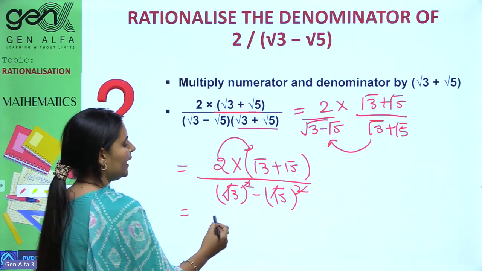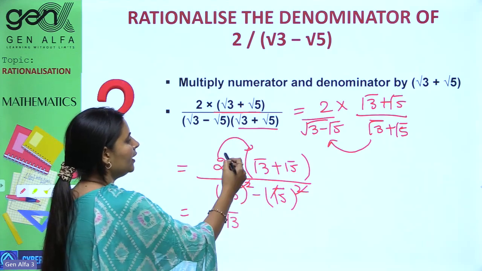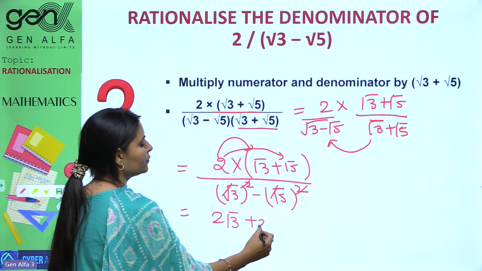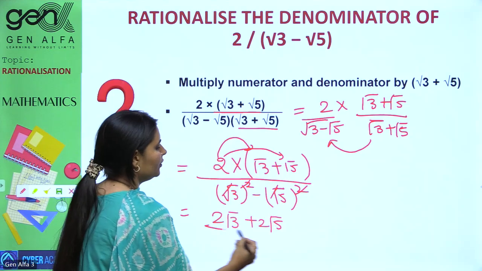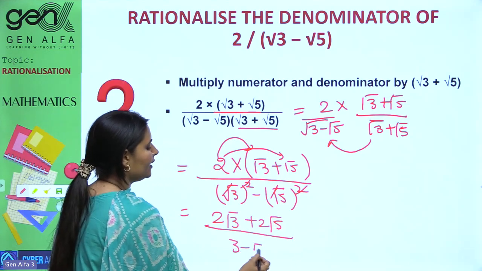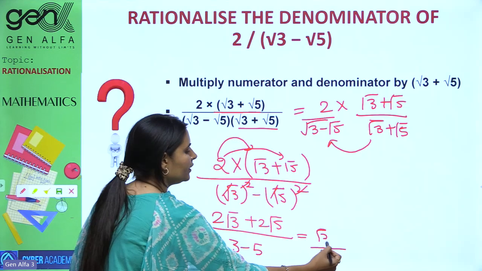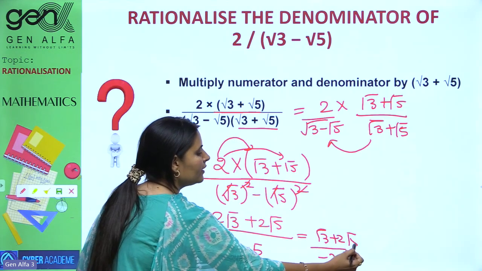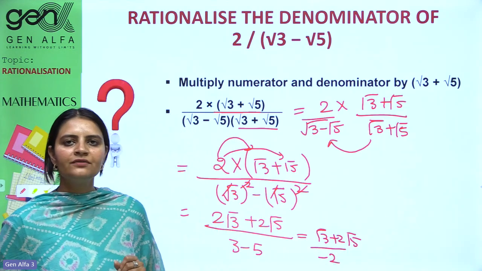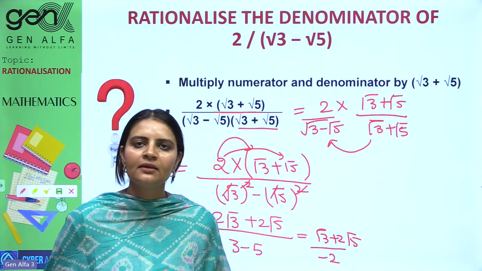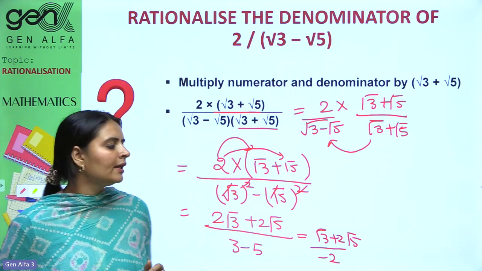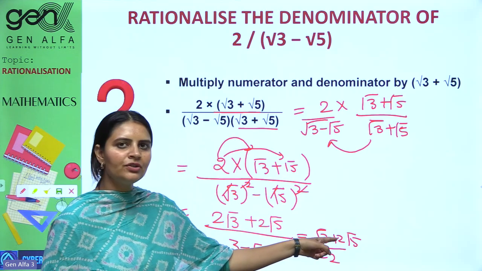2 would be multiplied by root 3. 2 would be multiplied by root 5. Here 3 minus 5 is giving you minus 2. Under root 3 plus 2 under root 5. But you know that we don't leave this minus under the denominator. Put this minus into the numerator, it would change their signs.